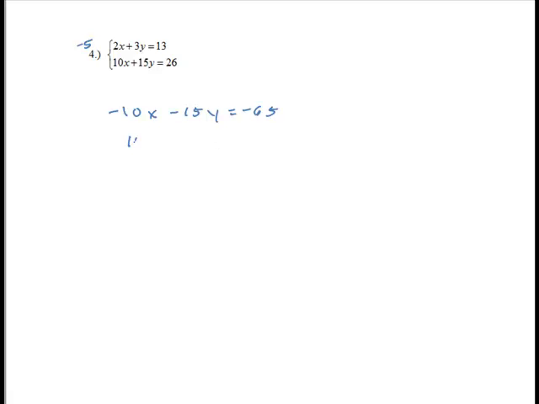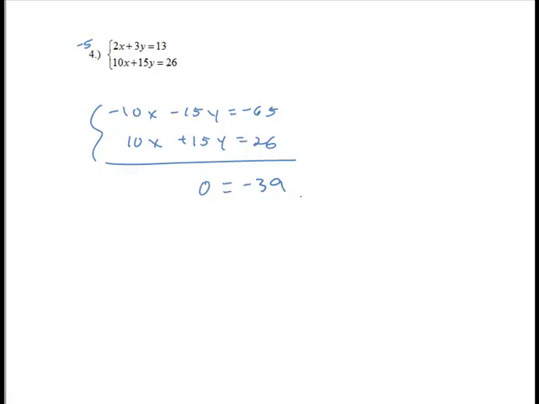And of course the second equation would remain the same, 10x plus 15y is equal to 26. So now when we add the two equations together, both the x's and the y's eliminate. So if they both eliminate, we're left with 0 on the left hand side. The right hand side becomes negative 39. So same thing as the substitution method.